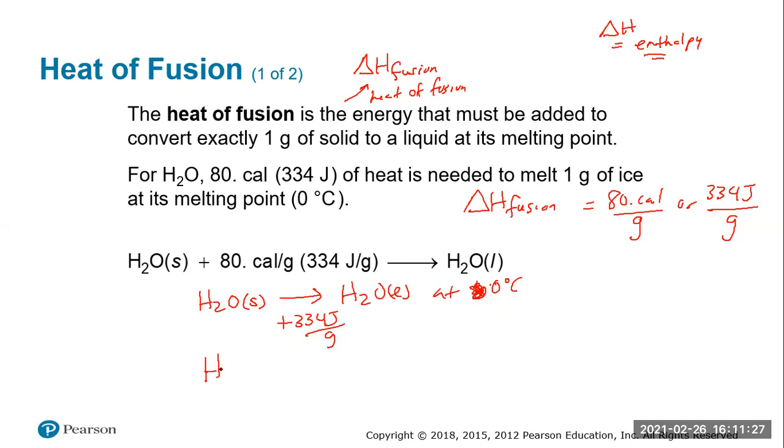If we started with liquid water and we wanted to end up with ice or solid water, again, at 0 degrees Celsius, we're not changing the temperature. That would require the same amount of energy, but it would be negative 334 joules per gram. Negative because that's an exothermic process, positive for the other one because that is an endothermic process.